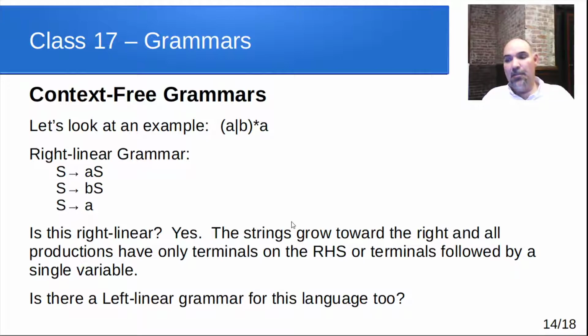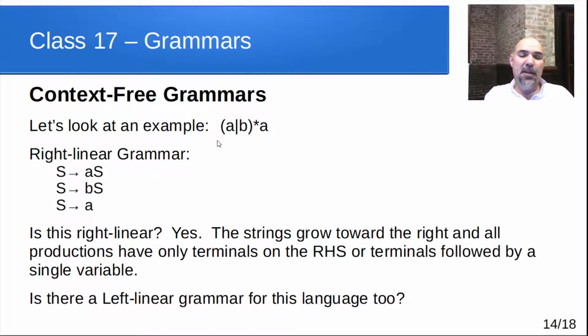And here's an example of, in this case, a regular expression. So we know that that regular expression describes a regular language, so that means we can make a regular grammar for that. And let's make a right linear version of it.